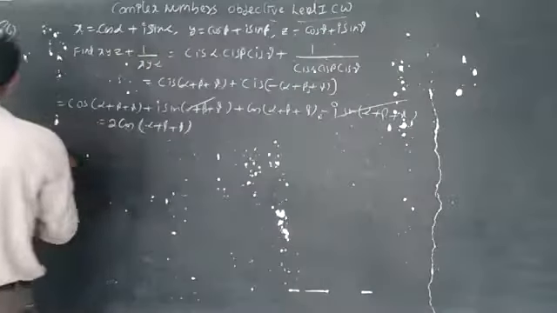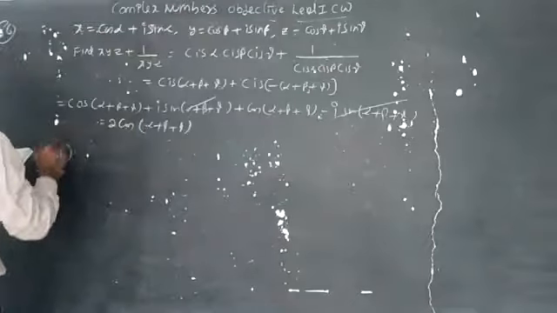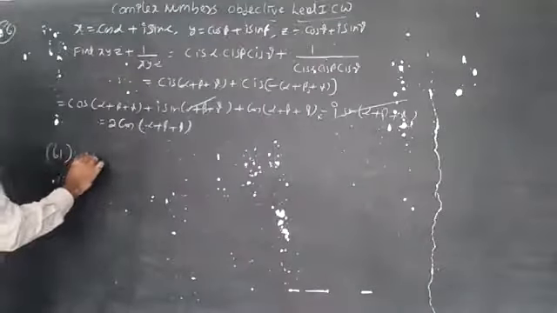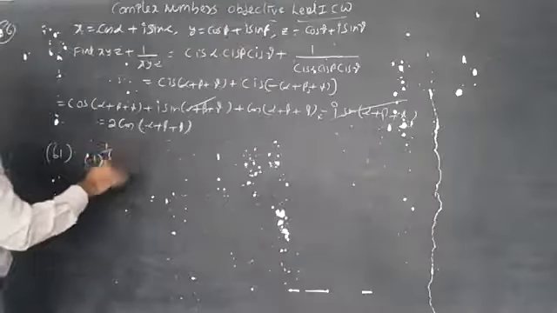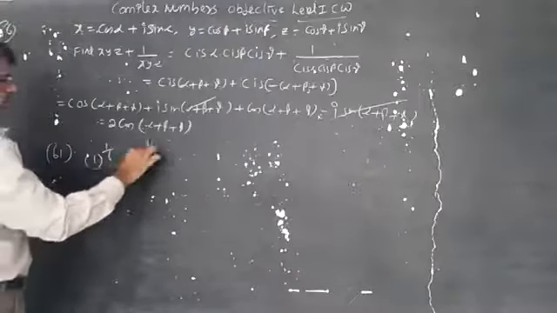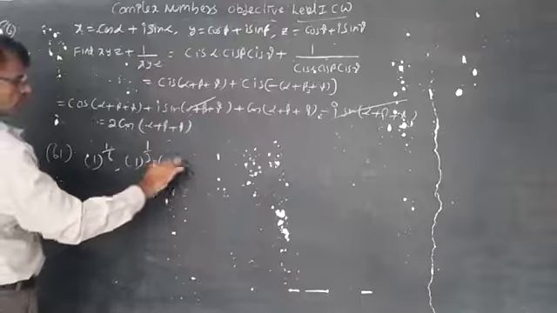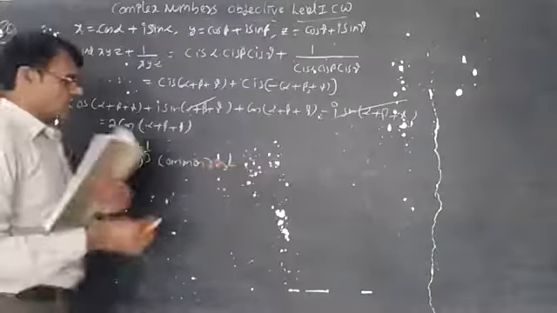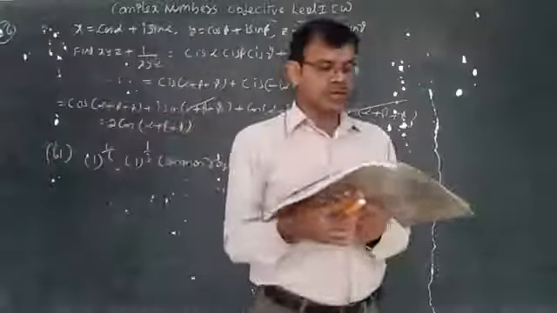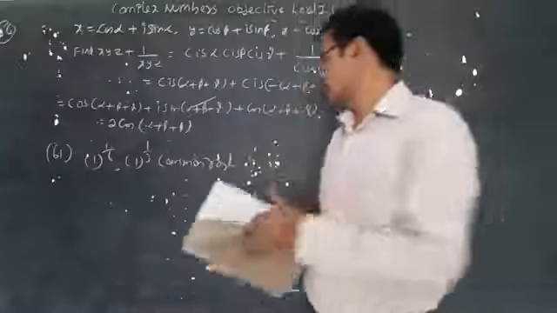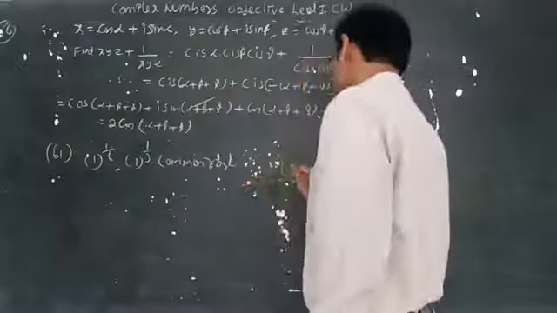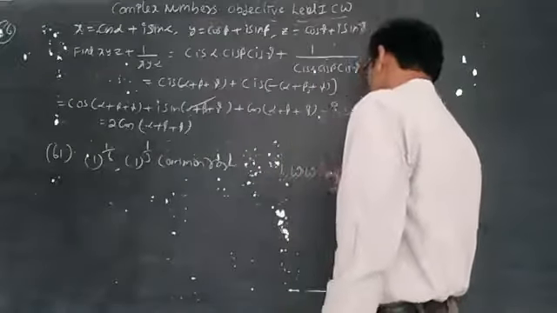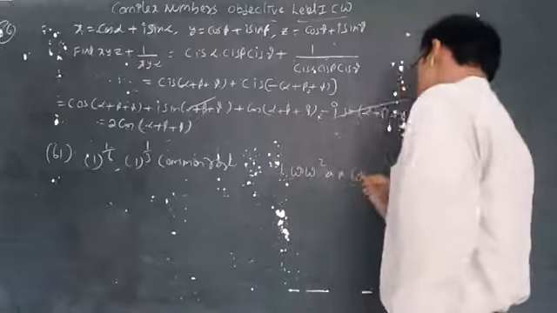61. The common roots of the 6th roots of unity and the cube roots of unity, of course. So 1 power 1 by 6, 1 power 1 by 3, you need to calculate the common roots. Of course, 1, omega, omega square are the common roots.